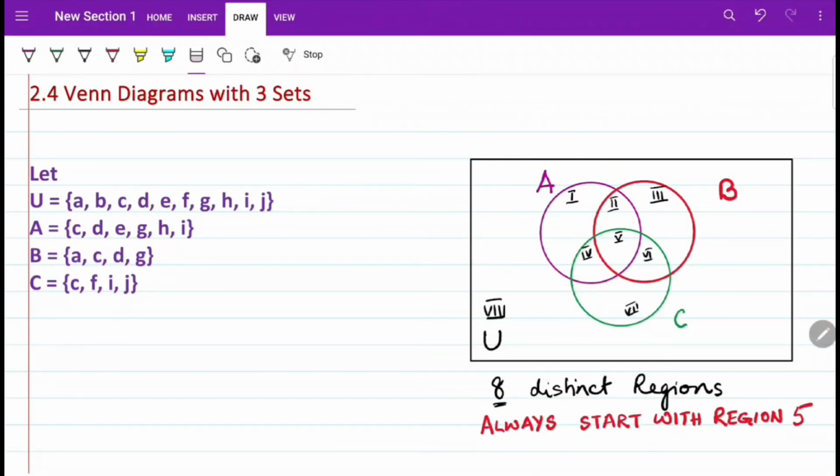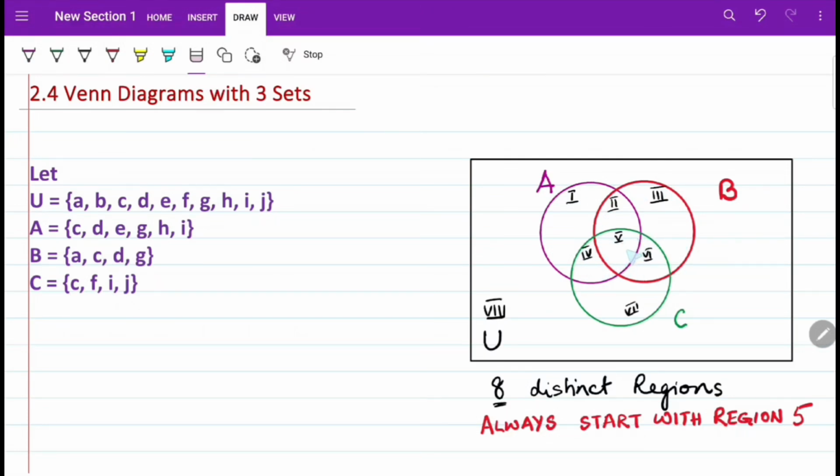Now, before we go about filling in the elements into the different regions of the Venn diagram, let's make some observations about the different regions. Now, we see that region 5 is the innermost intersection. It is the intersection point of all 3 sets.